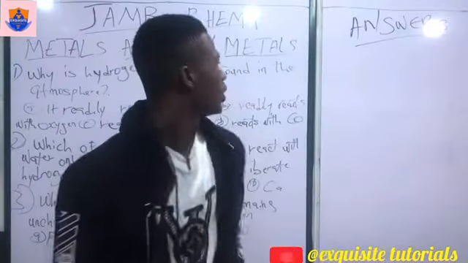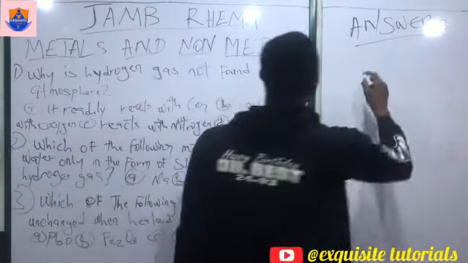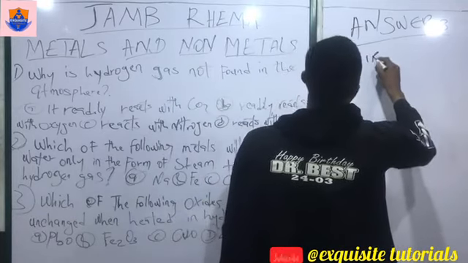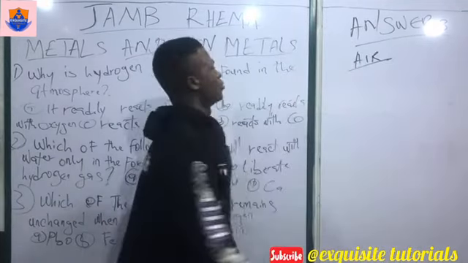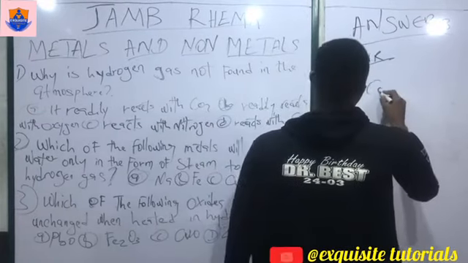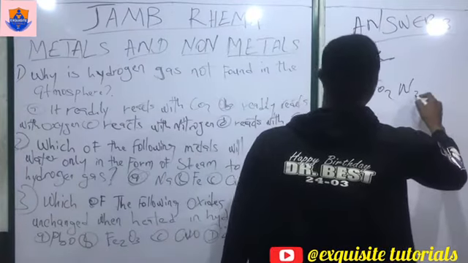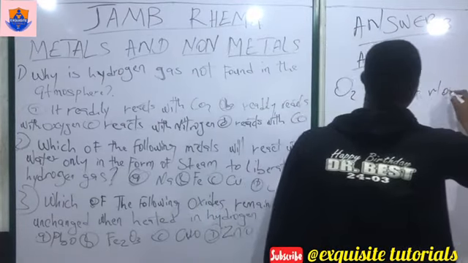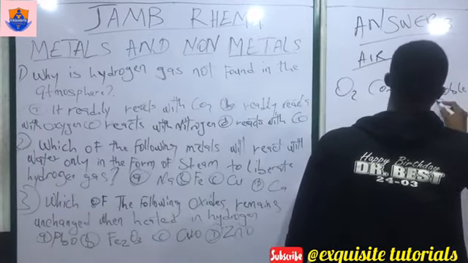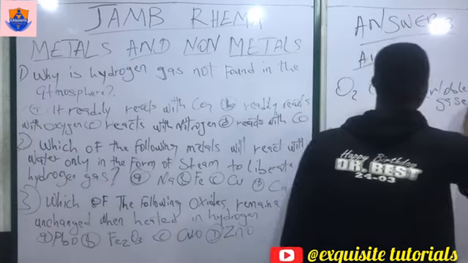Now, the constituents of air in the atmosphere: we are made to understand that air contains oxygen, carbon 4 oxide, nitrogen, and noble gases.